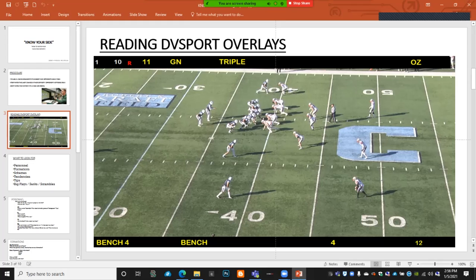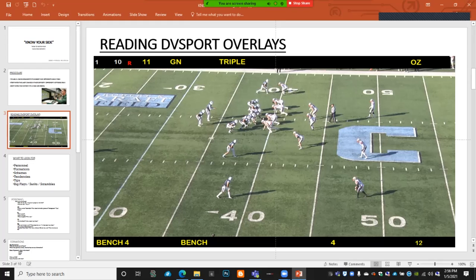Above, top left, is obviously first down and 10. The R is for the right hash. The 11 is for the personnel they're in, and GN is gun near. That means the running back is close to the tight end. We call this formation triple. This will be different for everybody, but that's what we call it. And when they ran the play, they ended up running outside zone.